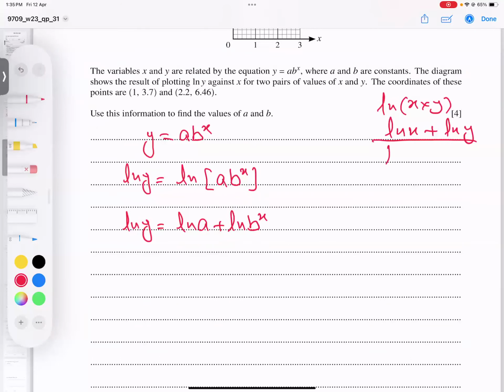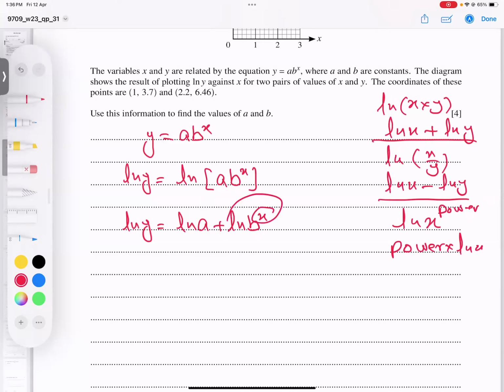Second property, if we have a division, we separate them by putting a negative sign there. Third property, if we have some power, this power will come before that, so power times log of x. So this power will come down. I believe you got the idea.